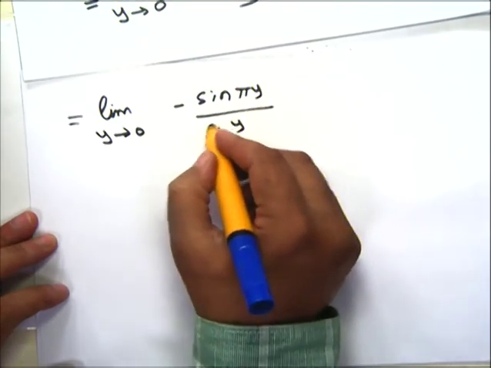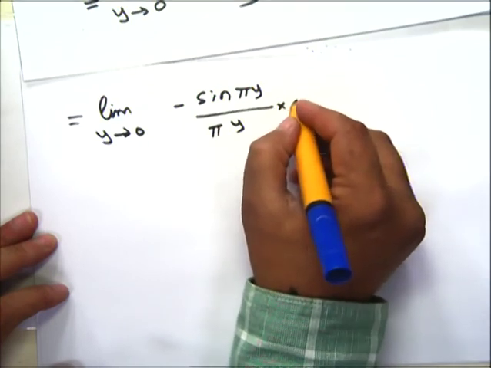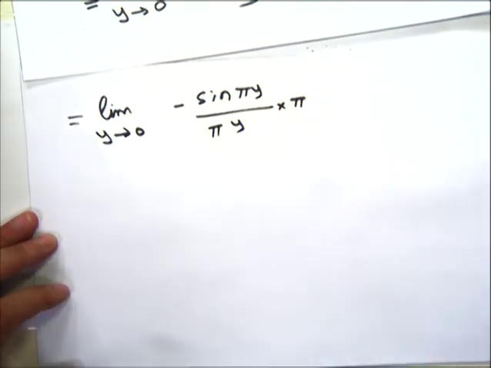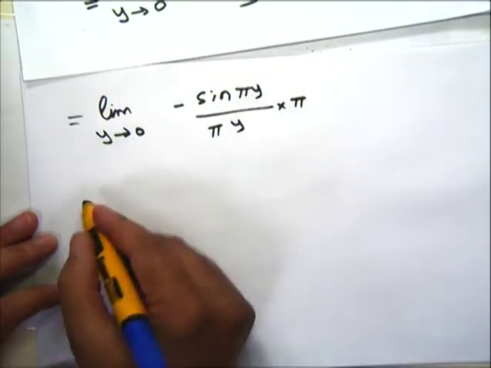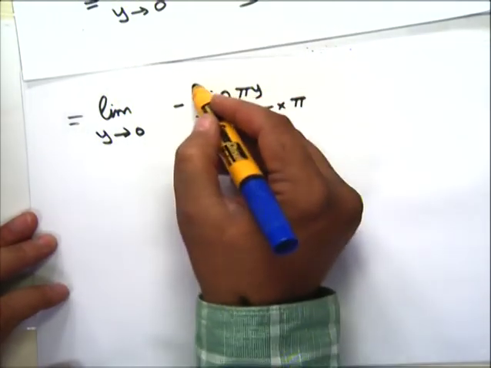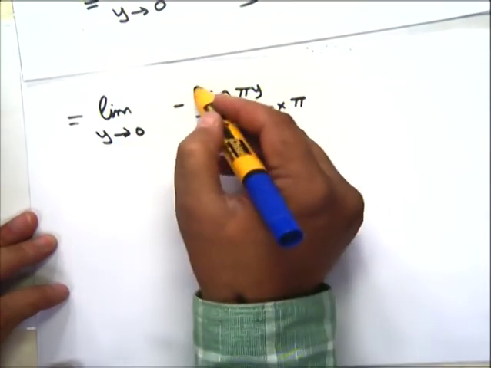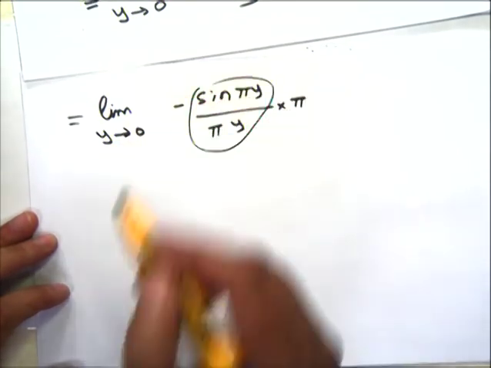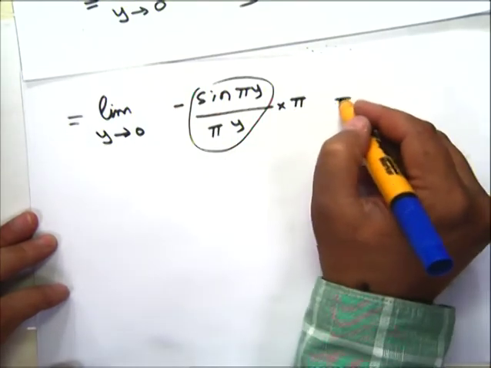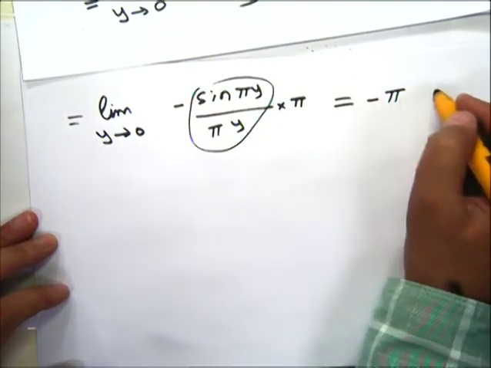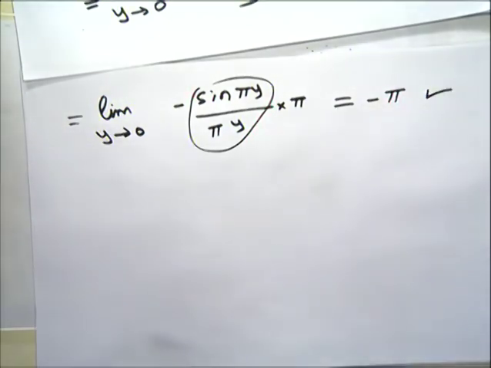I am using pi here, so we should use pi here. So when we apply y tends to 0, this will be 1 and the answer will be minus pi. So this is equal to minus pi. So this is our answer.